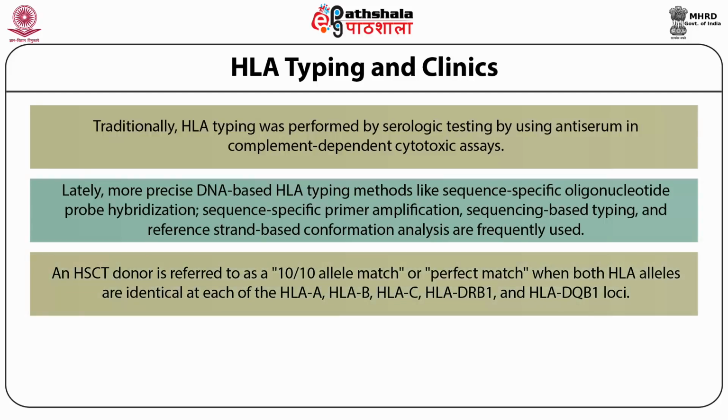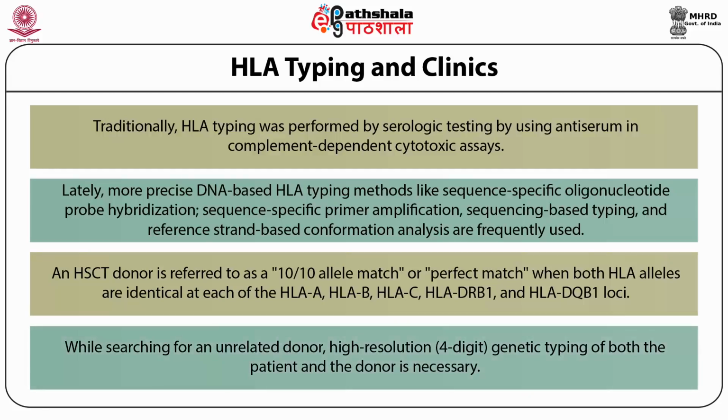An HSCT donor is referred to as a 10/10 allelic match, or a perfect match, when both the HLA alleles are identical at each of the HLA-A, HLA-B, HLA-C, HLA-DRB1 and HLA-DQB1 loci in case of both the donor as well as the recipient.